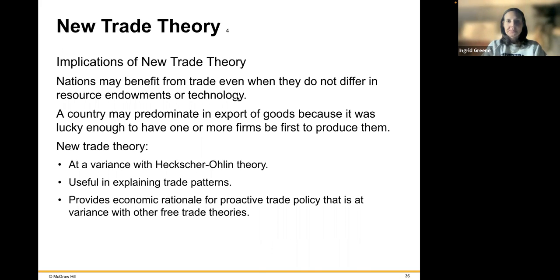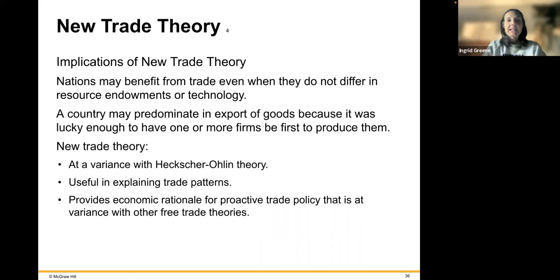So even if they don't have the land and the resources, if they are the first mover, they still can really benefit and get a lot of money from sale of these products. A country may predominate in export of goods because it was lucky enough to have one or more firms be the first to produce them. And then it doesn't really matter if they have more or better resources than other countries. They were just the first.